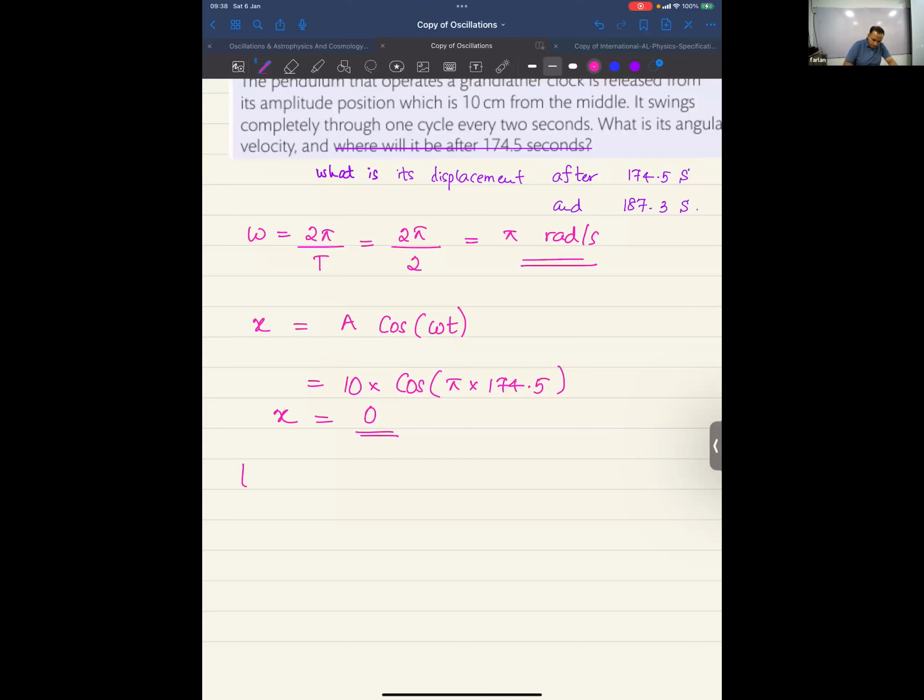When the time is 187.3, x equals 10 cos pi into 187.3. How much is that?